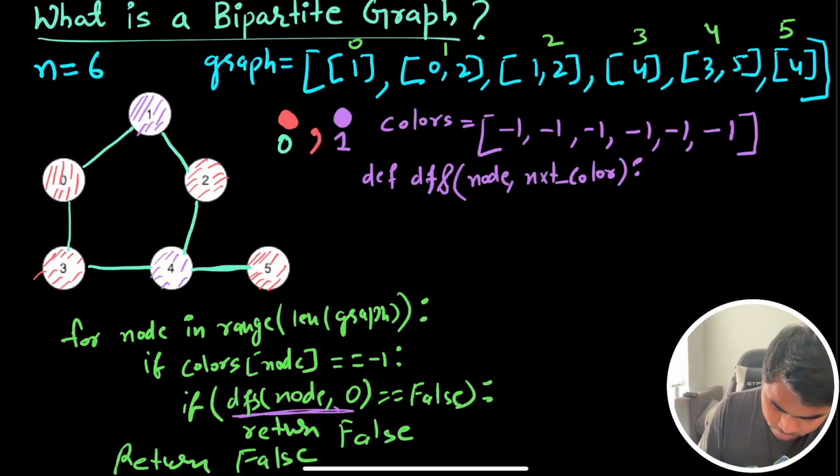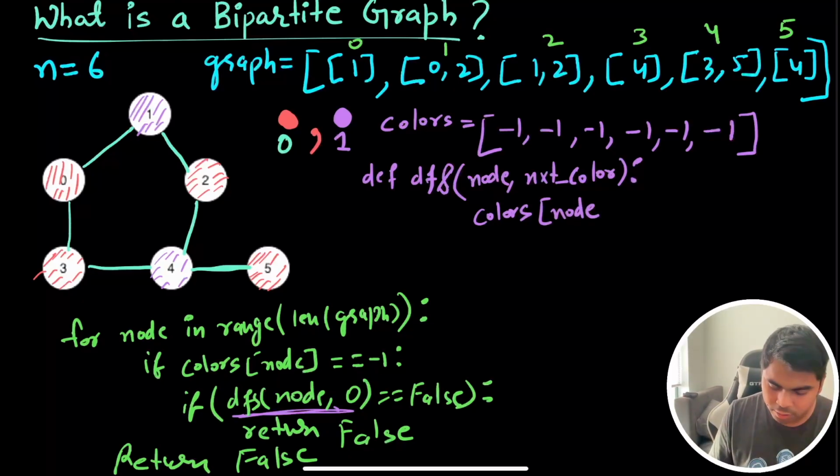So here to the node I can assign the color. In the colors, this node, and by the way I'm calling it on a non-visited vertex, so that's why I can safely assign the color here.